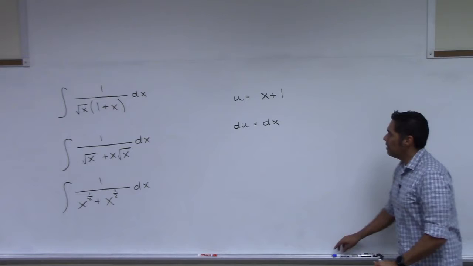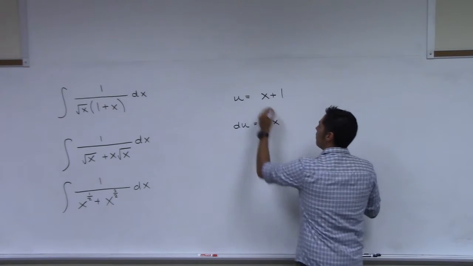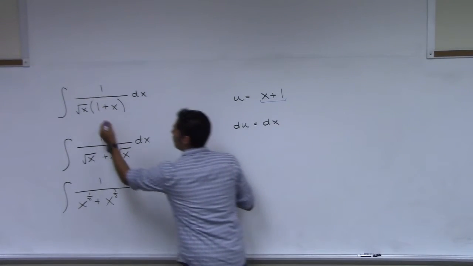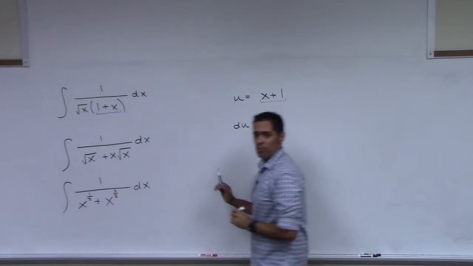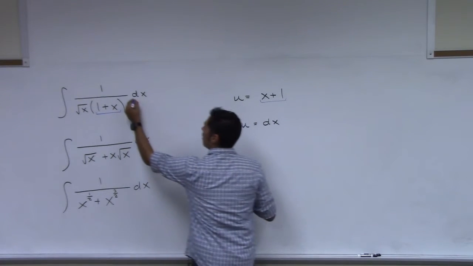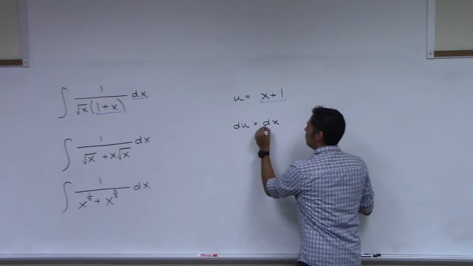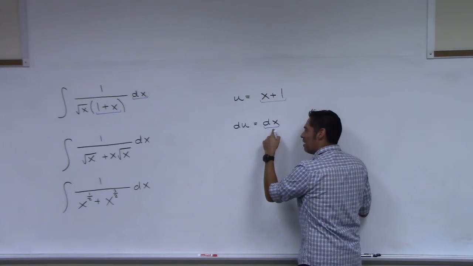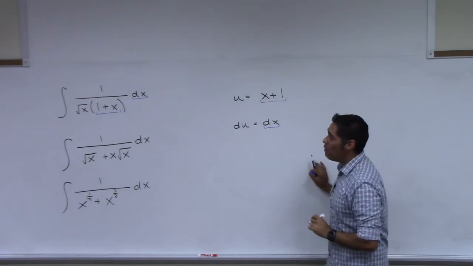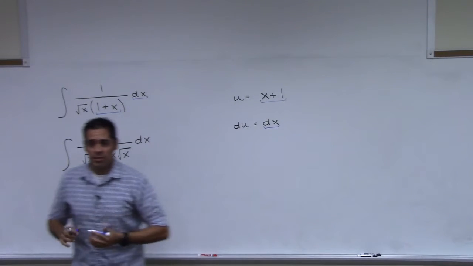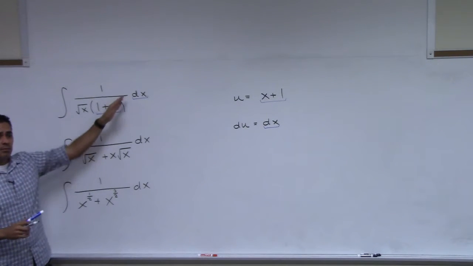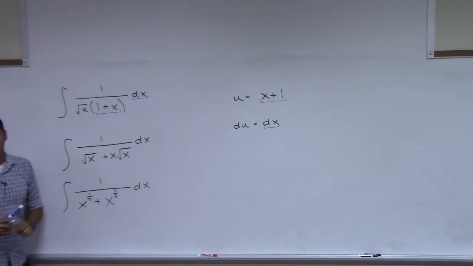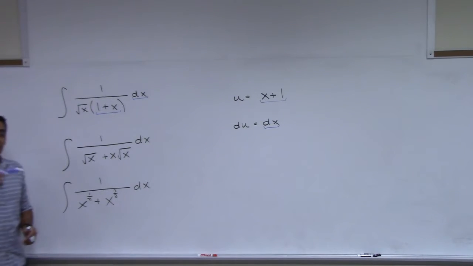All right, if we try and rewrite the problem, x plus 1, that's going to be u, right? What's dx going to become? du, right? So far, what's in blue is going to be converted over to stuff with u's, right? The only problem I have is that root x. I need to somehow get that in terms of u.